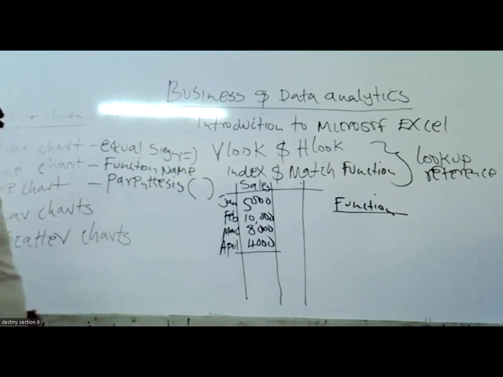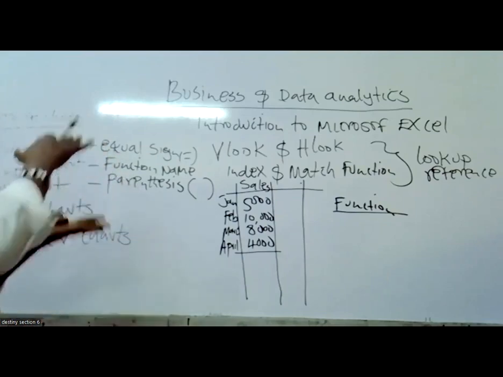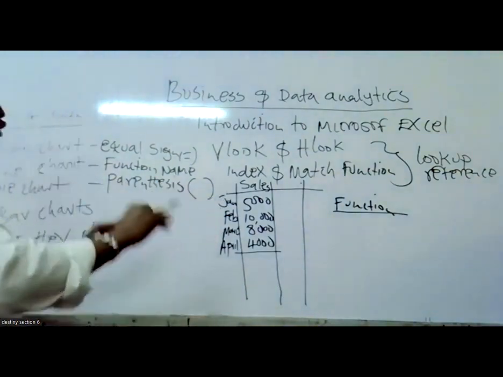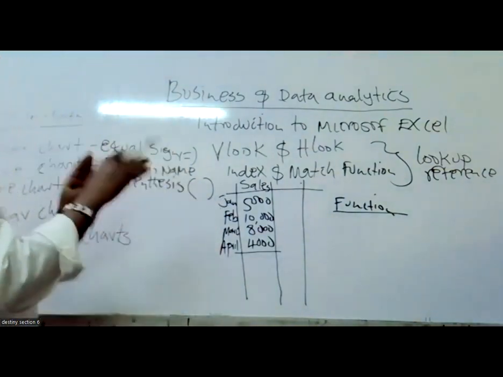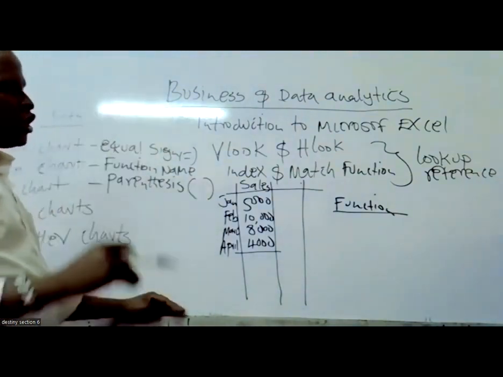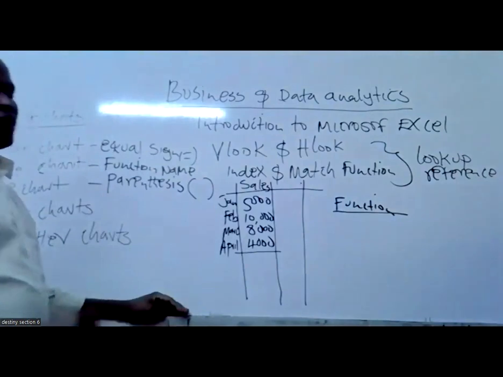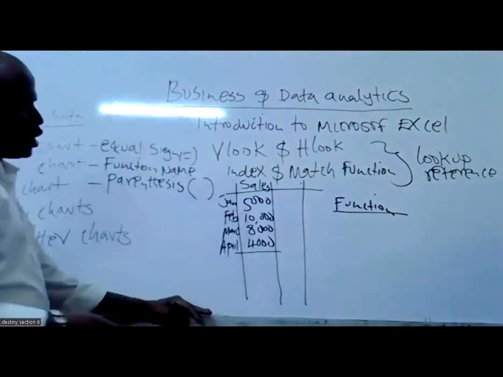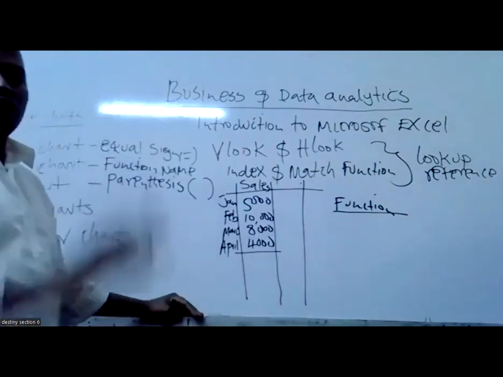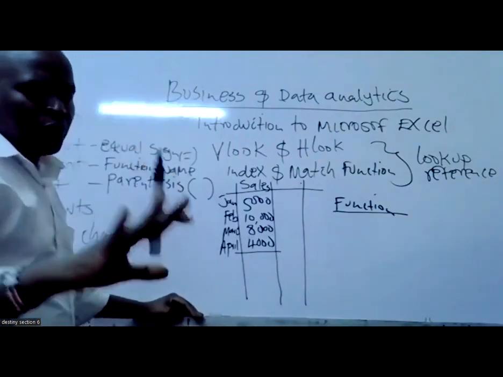For you to call it a function, it is made up of 4 components, whether it is addition, multiplication, subtraction, a logical function, a date function, or a net present value function. All the functions have 4 components.